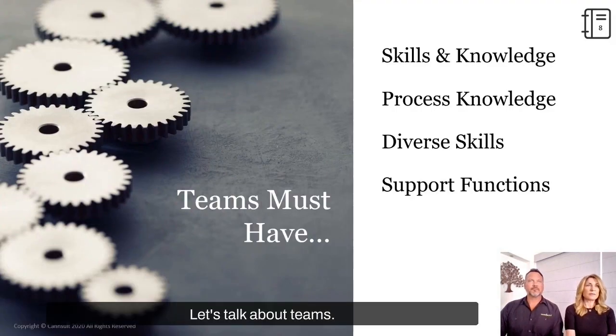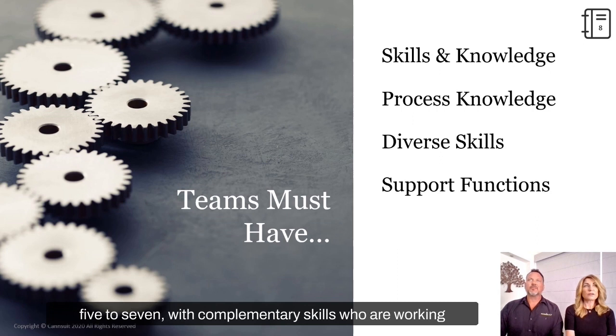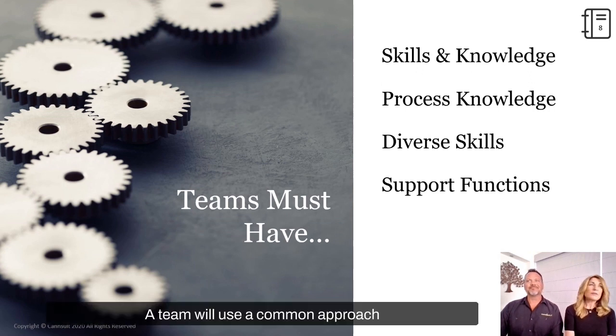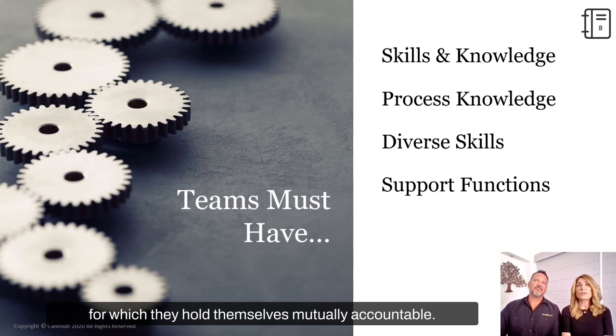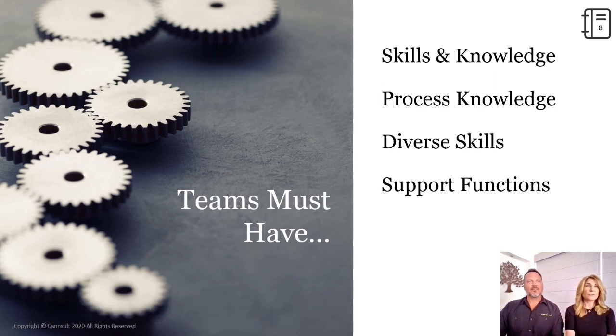Let's talk about teams. A team is a small number of people, usually 5 to 7, with complementary skills who are working toward a common purpose and a common goal. Without a common goal, it's just a group of people. A team will use a common approach for which they hold themselves mutually accountable.